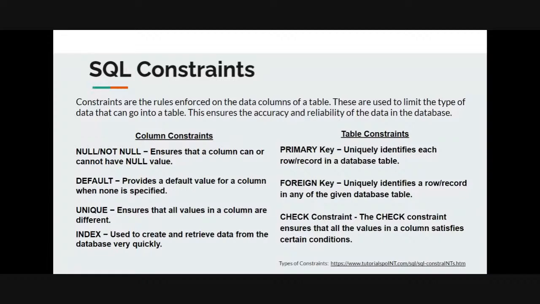So let's come up with a good example. Maybe you have customers, you have customer ID, and maybe your foreign key would be... it wouldn't be invoice count, it wouldn't be invoice number.